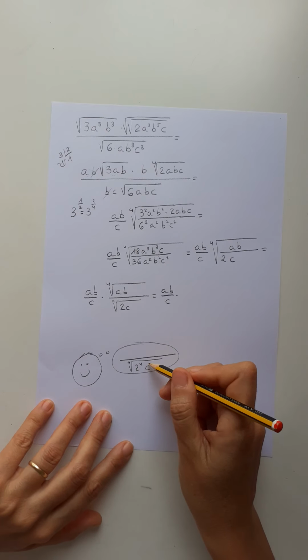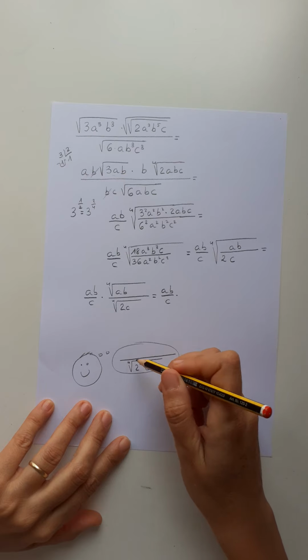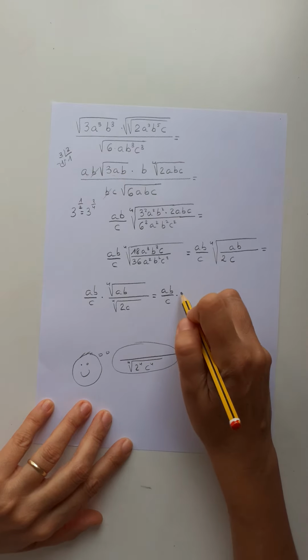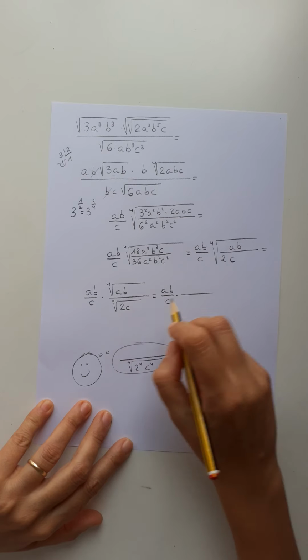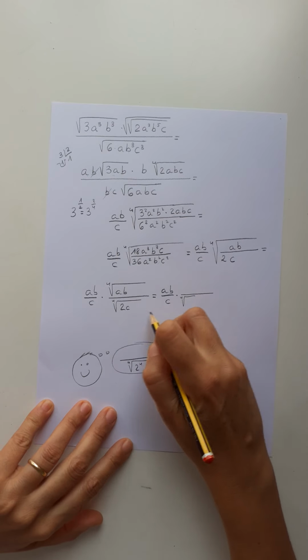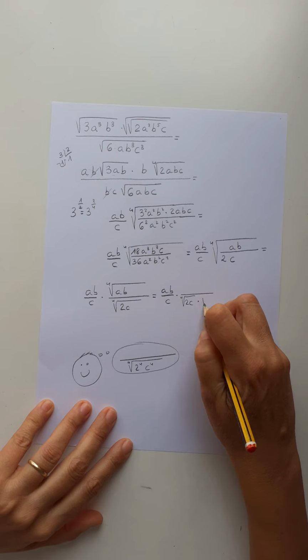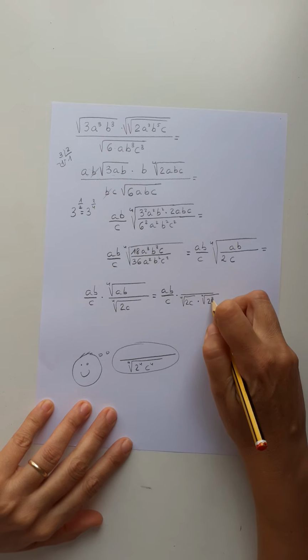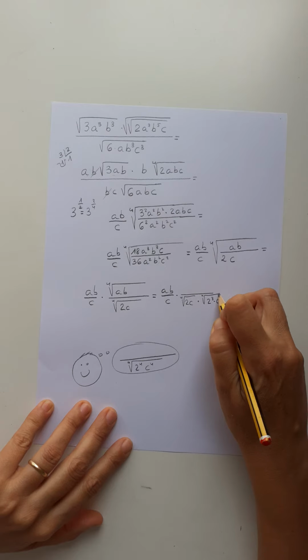That would be a really good option, because the 4th root of this would be 2c and the radical would disappear. But I don't have it, so what can I do? Let's complete this with what I don't have. That is 2 cubed and c cubed, right?